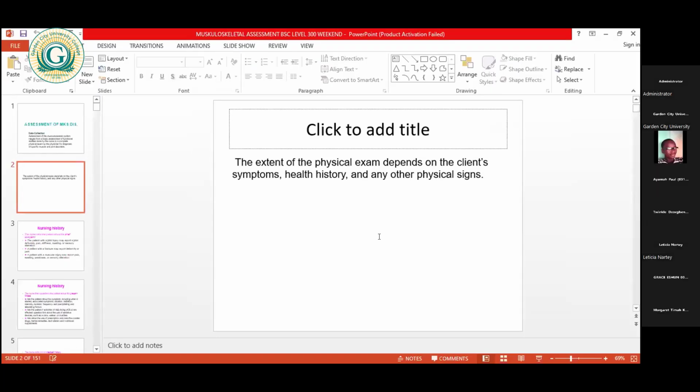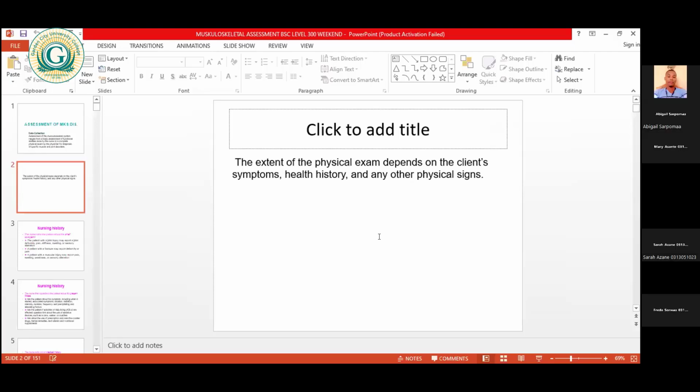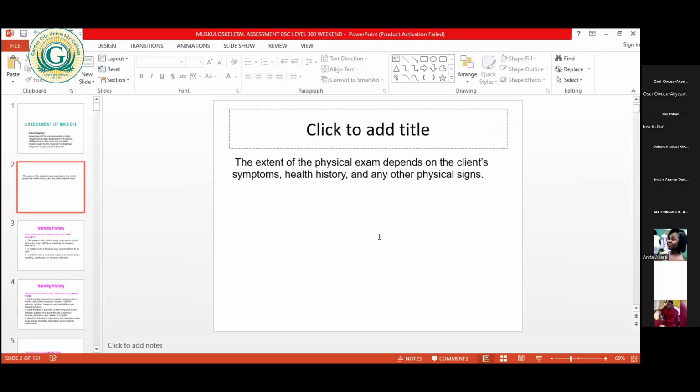That will describe how detailed you should go and to what extent you have to go with your physical examination. If you have something brief, you also become brief. If you have something so detailed and comprehensive, then your assessment will also become comprehensive and very, very detailed. So that is how it is.